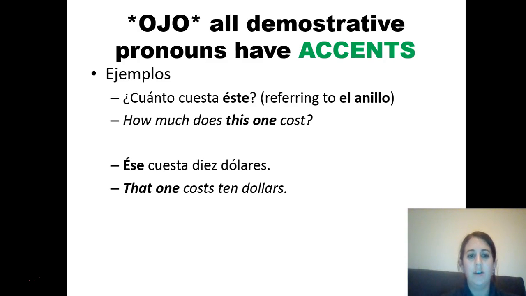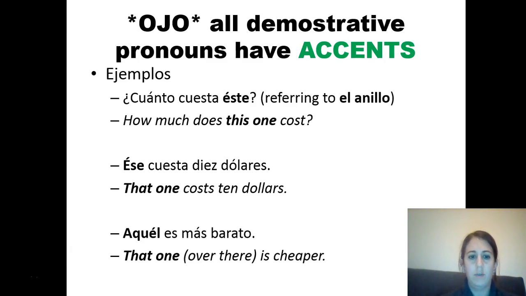That one costs $10. So do you see how we know that we're referring to the anillo or ring, but we're just saying this one or that one. And then to continue the conversation, aquel, that one way over there, es más barato. So that one over there is cheaper, or you could say is less expensive.